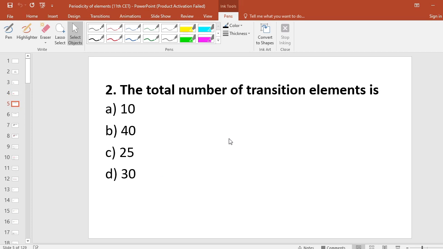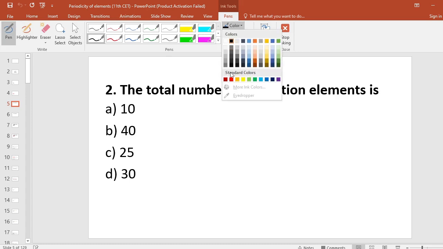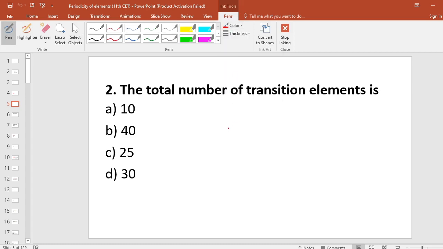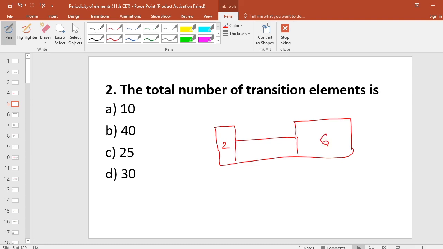Next one, the total number of transition elements is? All of you must know that our periodic table looks something like this, in which there are two groups for S block, 6 groups for P block, 10 groups for D block.